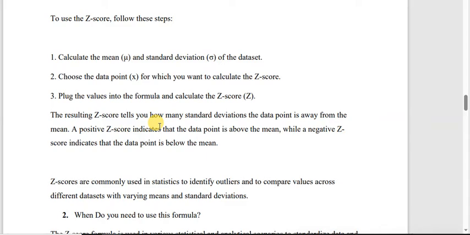Then the resulting score tells us how many standard deviations the data point is away from the mean. Note that a positive z-score indicates that the data point is above the mean, while a negative z-score indicates that the data point is below the mean.